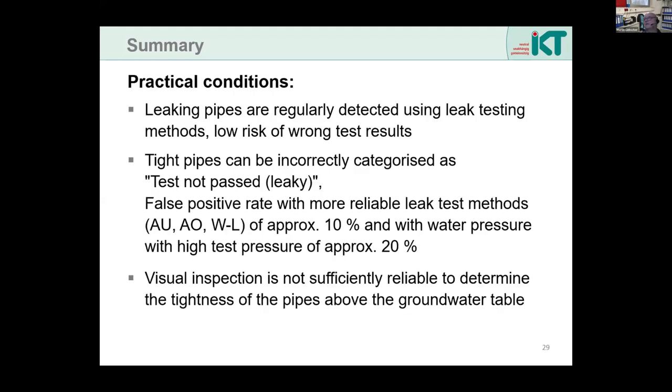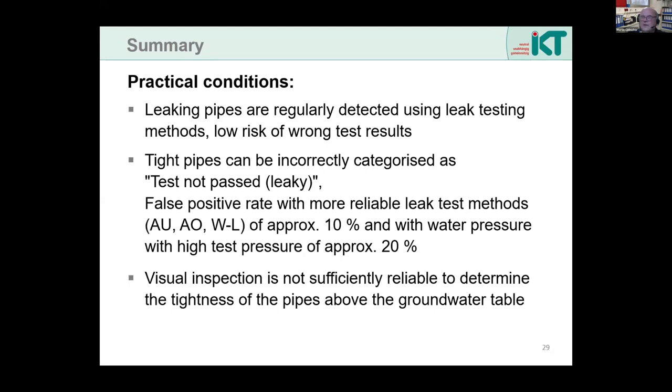Here's under practical conditions. Leaking pipes are regularly detected using leak testing methods. Low risk of wrong test results. So when you have a leaking pipe, you can test it and you will find out, okay, it's a leaking pipe. Tight pipes can be incorrectly categorized as test not passed. So it is not so easy.